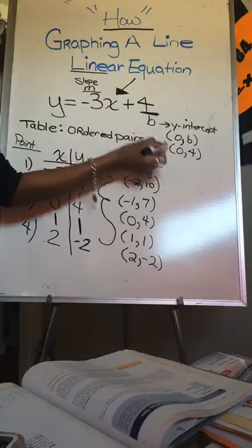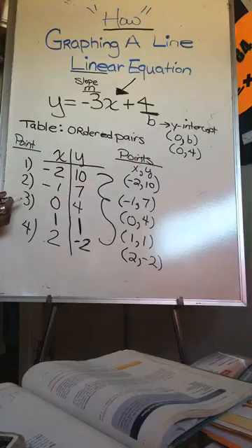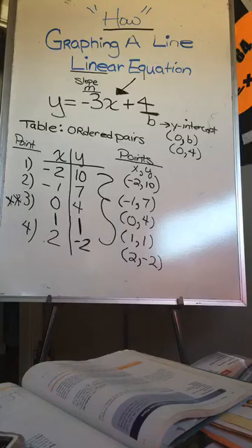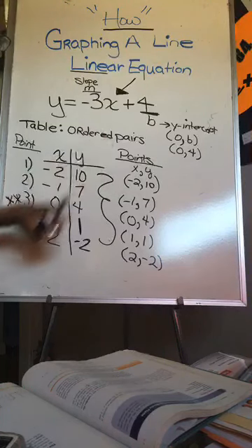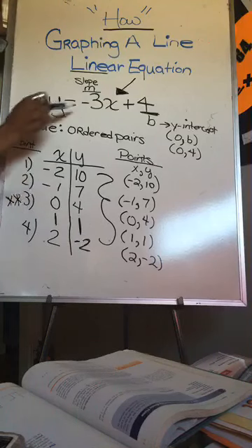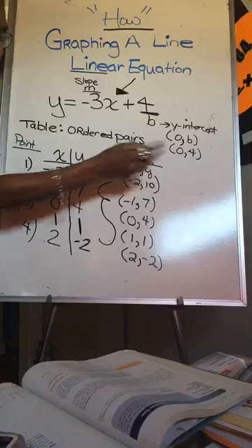You see where this is 0, 4? This is your y-intercept. Look what we have at point 3. What do we have? 0, 4. So that's where it should intercept the y-axis. That means my calculation is right, because I confirmed it by plugging in my values for x into this equation, and it matches.